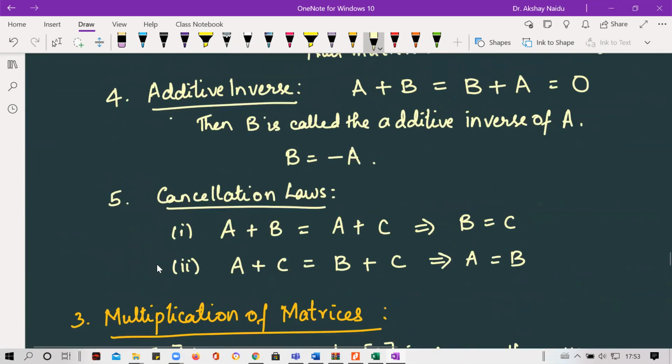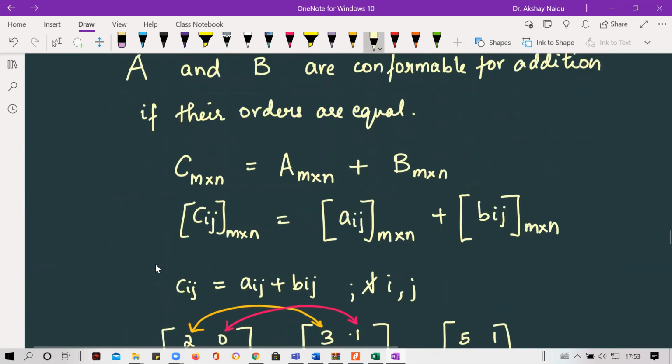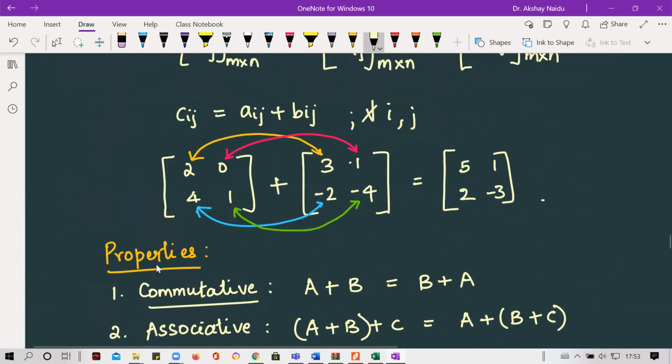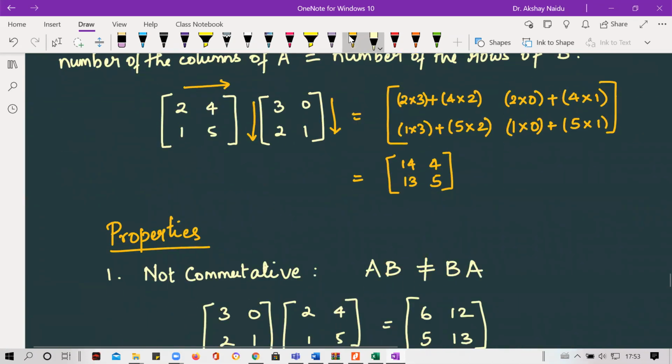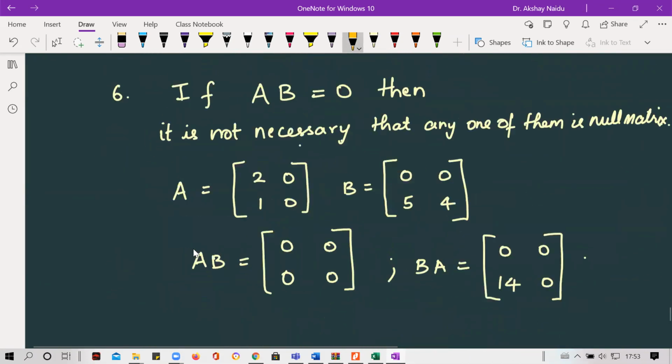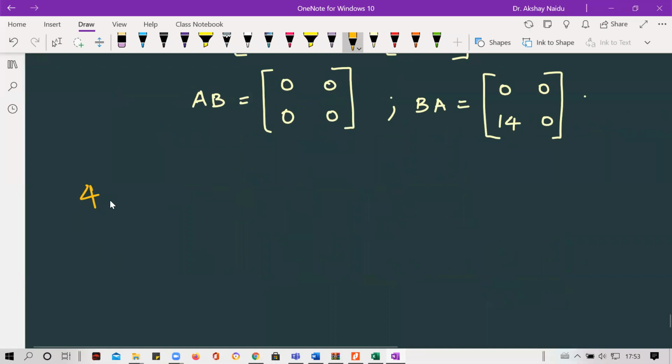So these are properties of multiplication. Equality we have discussed, addition we have discussed. A very important operation on matrices is transpose. Okay.